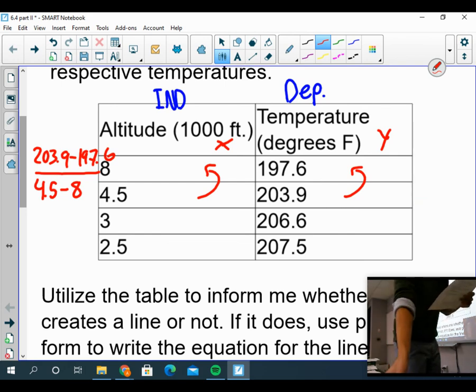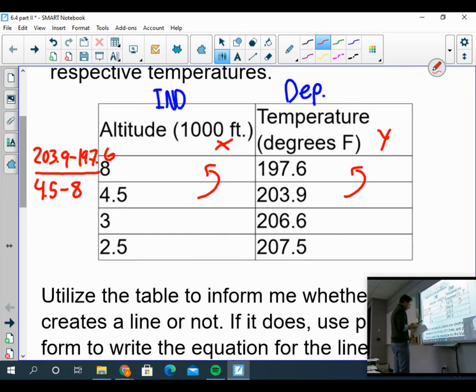Okay? When I do this in my calculator, 203.9 minus 197.6 over 4.5 minus 8, I get negative 1.8.